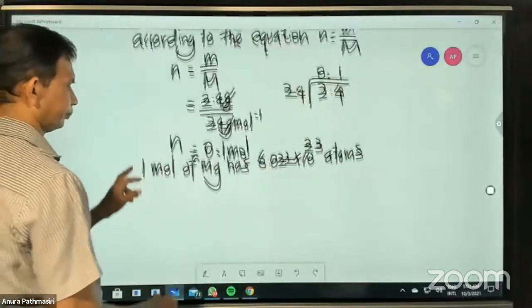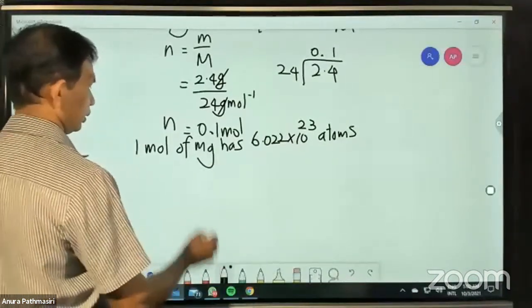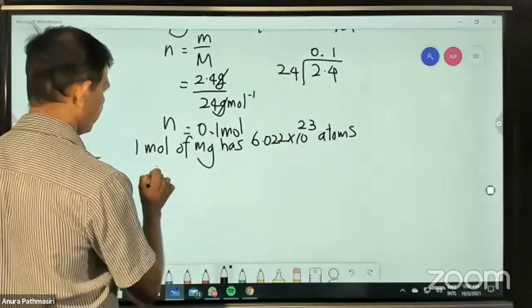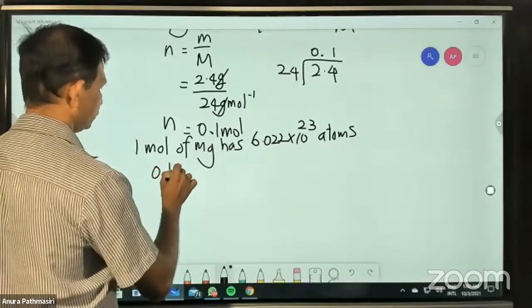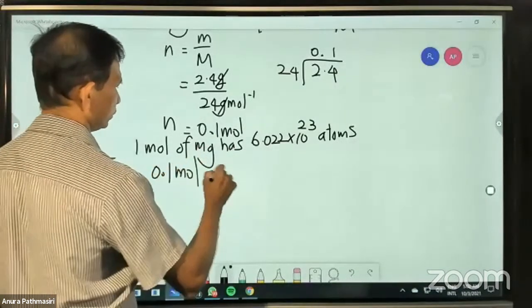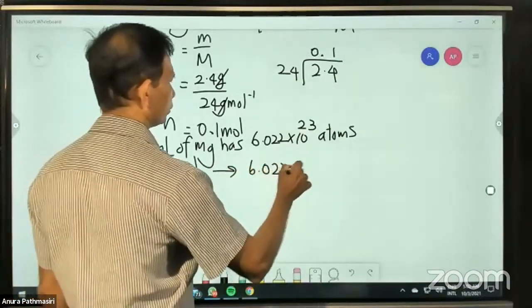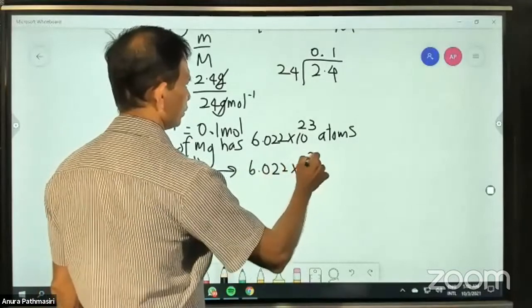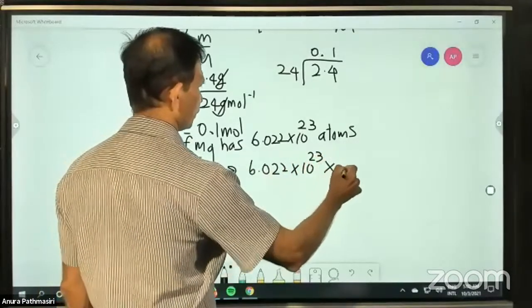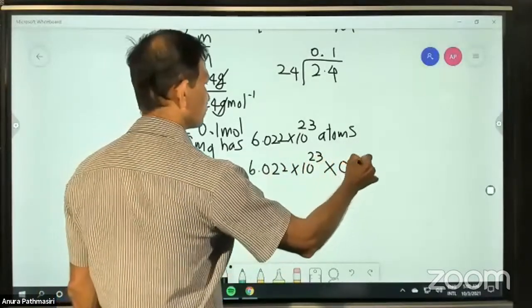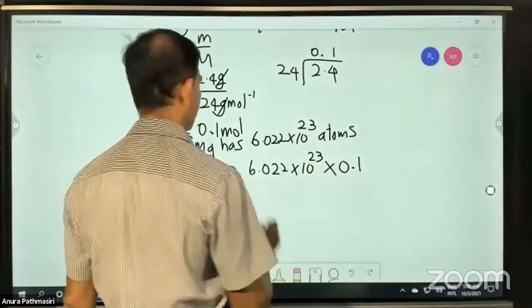Then 0.1 mole: 6.022 times 10 to the power 23 multiplied by 0.1.